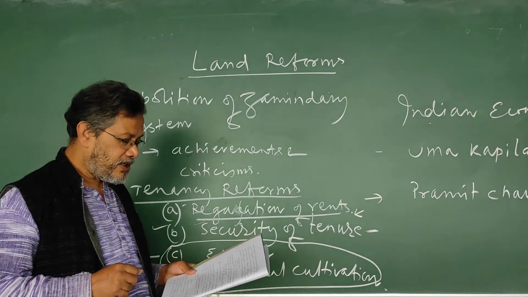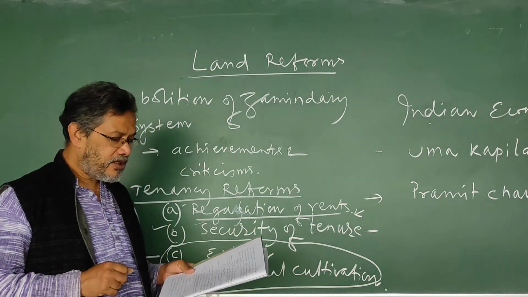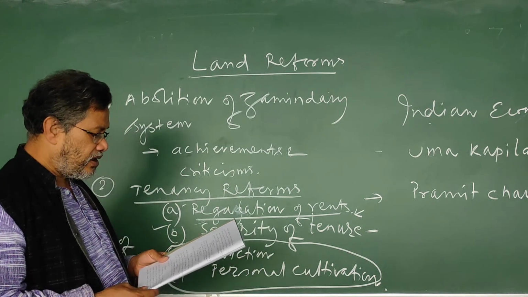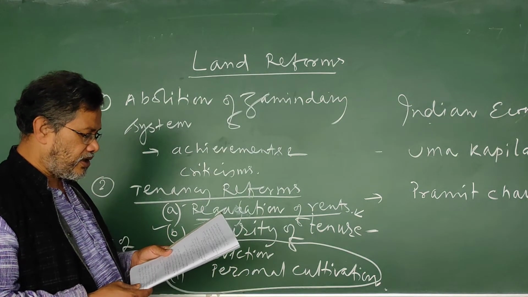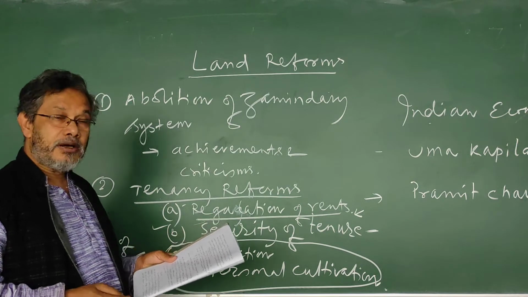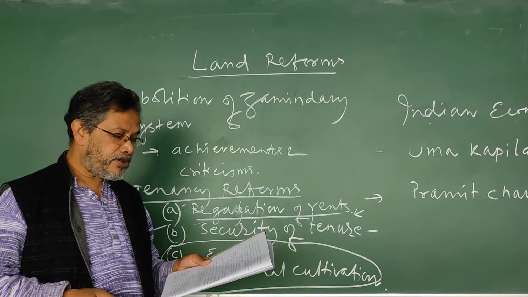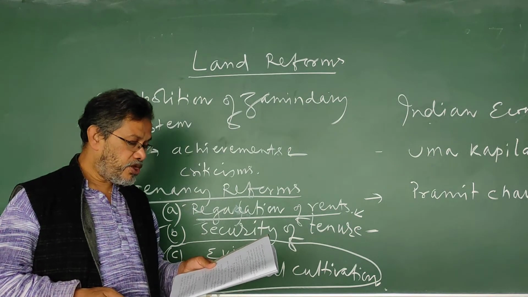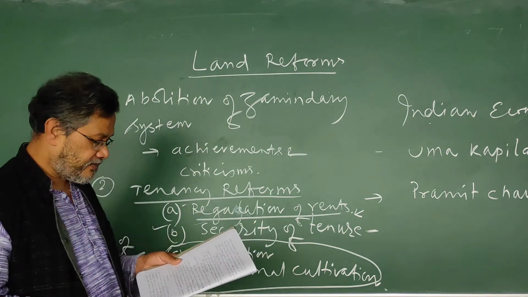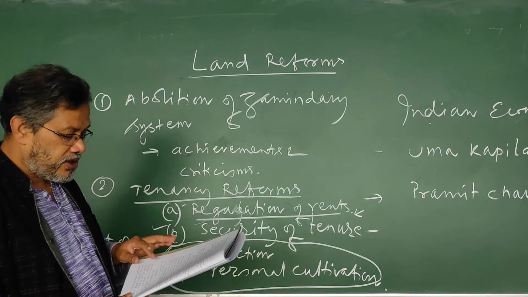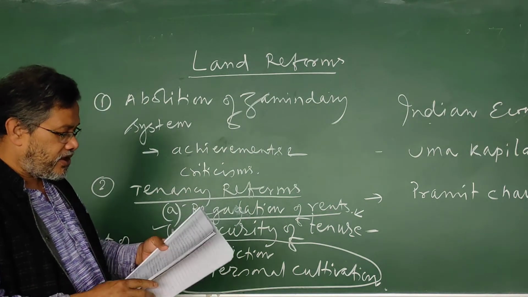In case a tenant is evicted, such land should be leased to other cultivating tenants. And resumption for self-cultivation: landowners can resume land for self-cultivation, but there is an upper limit. Anyway, these are the measures. What is the criticism about this?